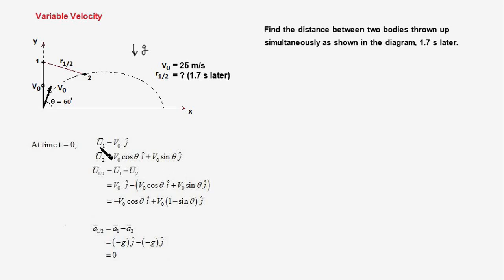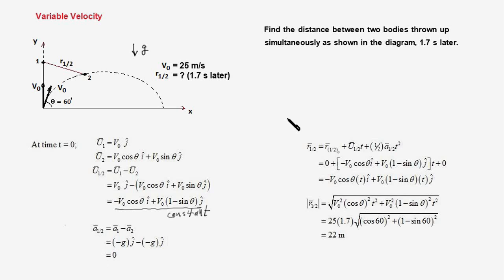And the difference between them, that is the relative velocity of the first object with respect to the second, is u1 minus u2, and we subtract this vector from this vector and we get this expression, and we notice that there is no t term. That means this is constant. So relative acceleration, as you know, is 0.